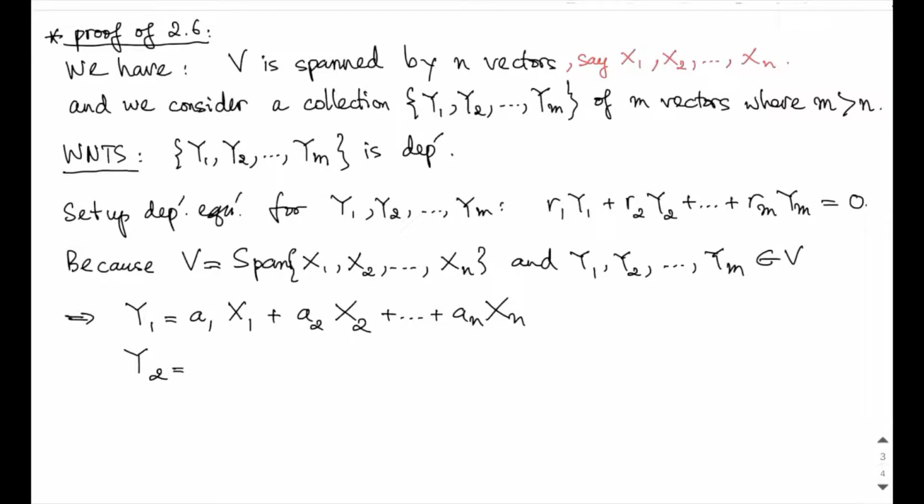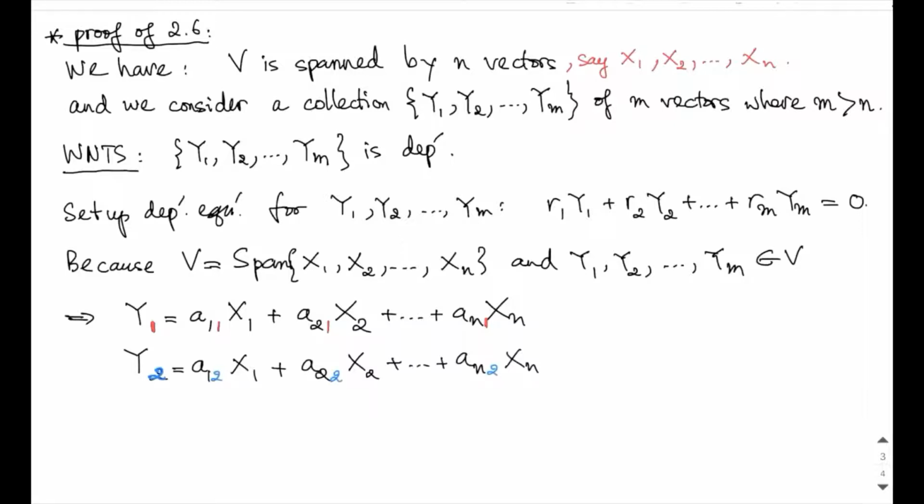differently. Right? So for this vector y1, I'm going to index it as a11, a21, and an1. Then for the vector y2, I'm going to still use a1 x1, a2 x2, an xn, but to make it look different, I'm going to use the index 2 for every one of the a's here.